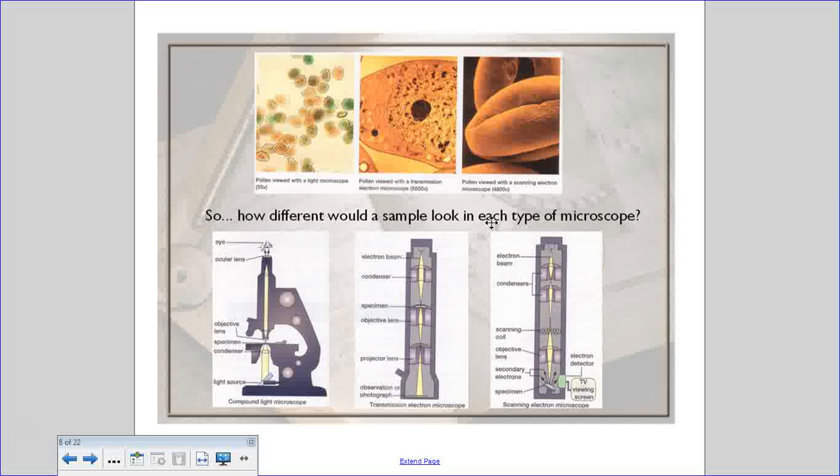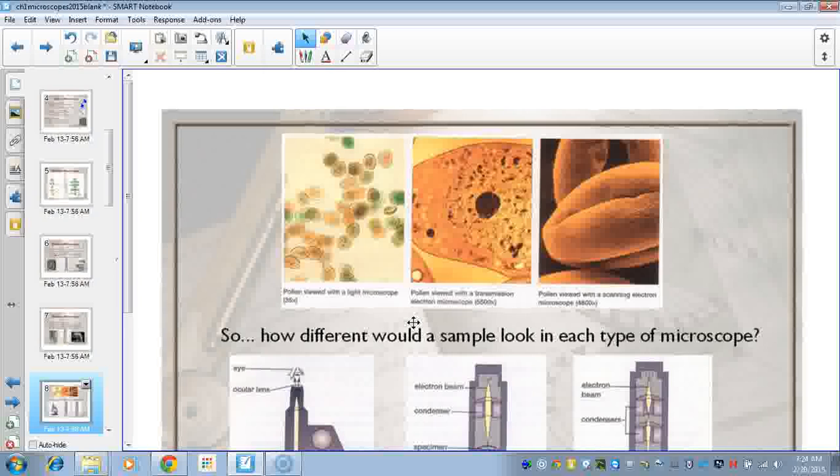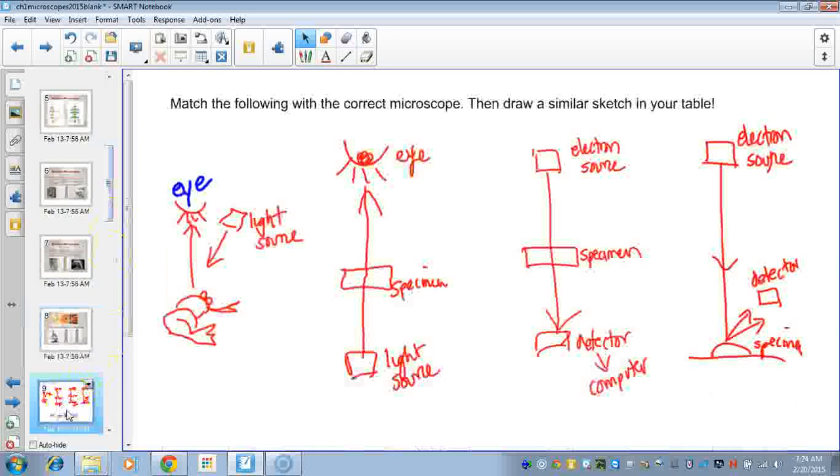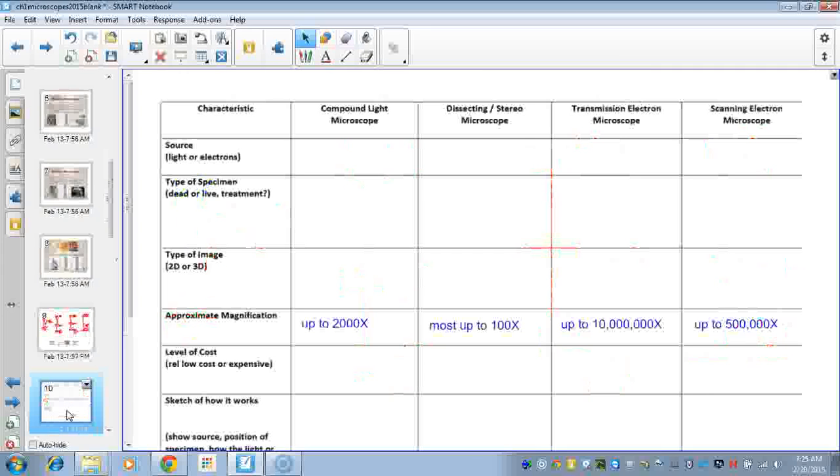But if you wanted to see the fine parts within something, through a slice of it, then you would need to use a transmission electron microscope. So if we wanted to look at the endoplasmic reticulum, or something else in finer detail, then we would need to use the transmission electron microscope.